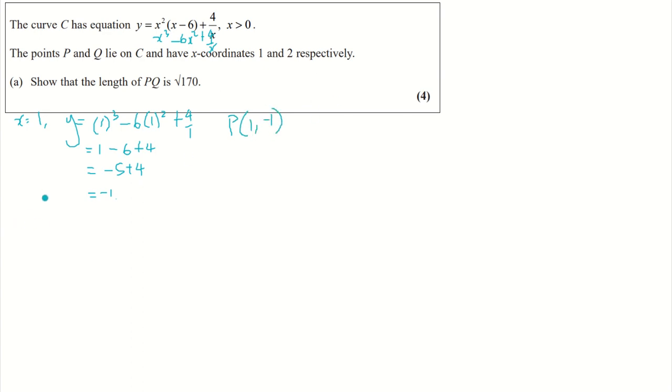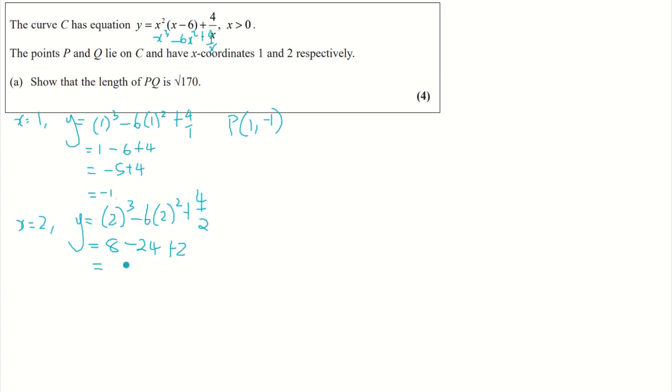Let's find Q. Q has x equals 2, so y equals 2 cubed minus 6 times 2 squared plus 4 over 2. This is 8 minus 6 times 4, 24, plus 4 divided by 2, which is 2.